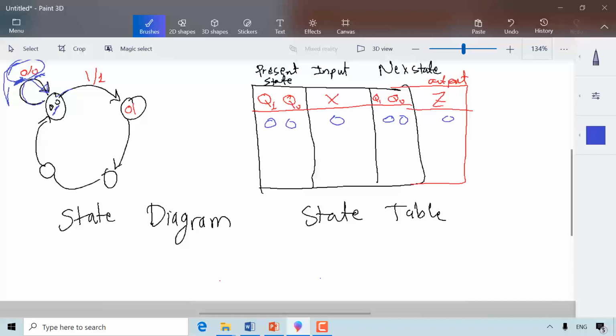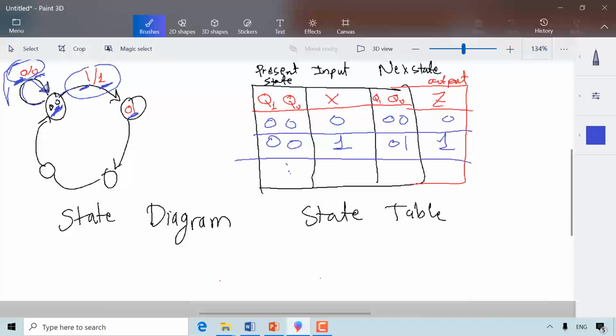So this is one case. Let's read this other case. When my present state is 0, 0 and my input is 1, the output will be 1, and then the next state will be 0, 1. And then I continue doing this for all the states.